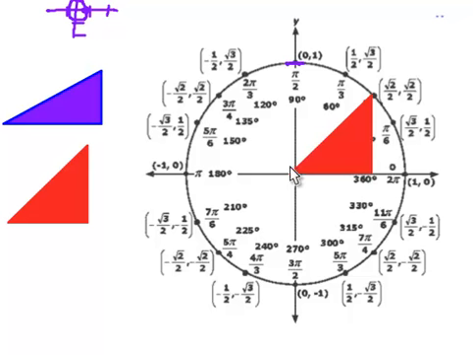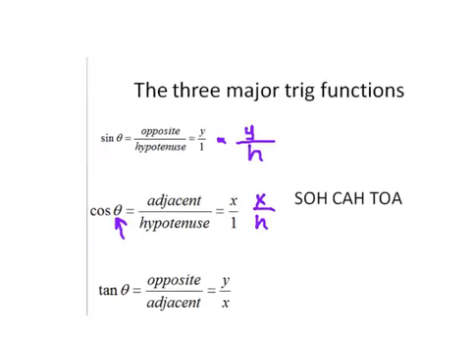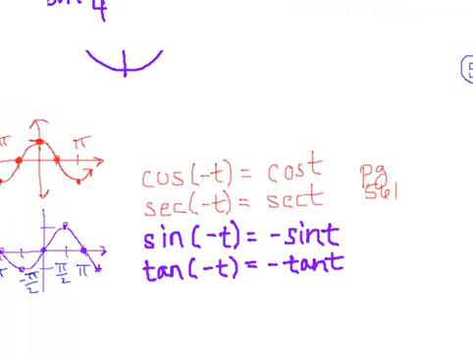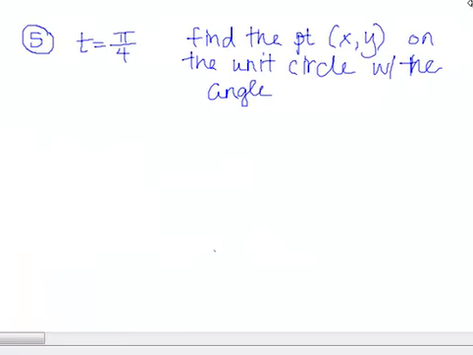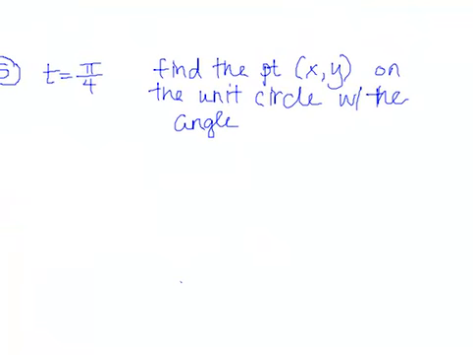This horizontal movement that I'm interested in is over the square root of 2 over 2 and then up the square root of 2 over 2. So those are the xy values I'm interested in for that pi over 4. So simply put, the answer for this problem would be the square root of 2 over 2, comma, the square root of 2 over 2.